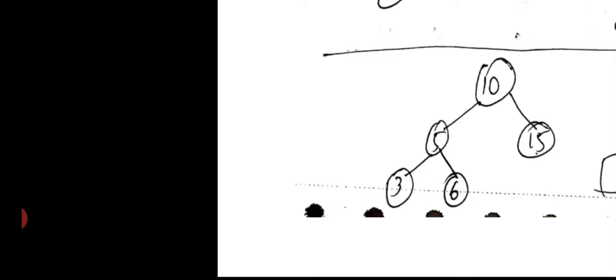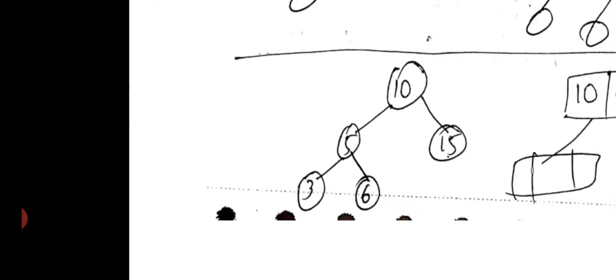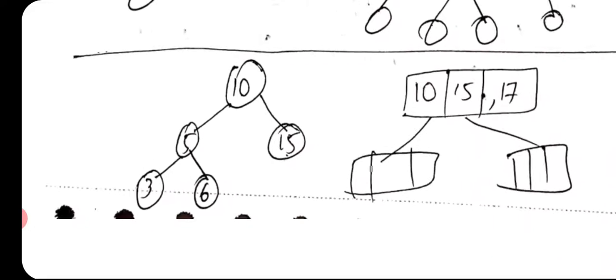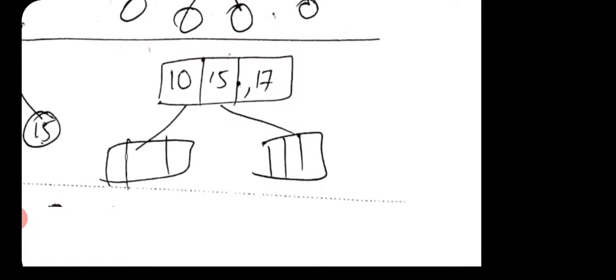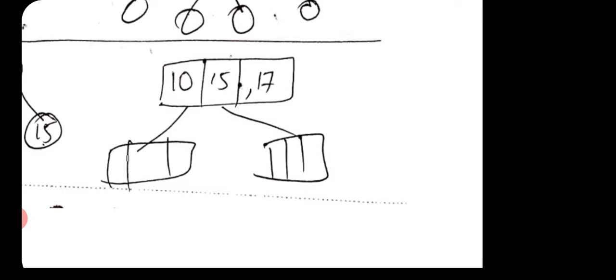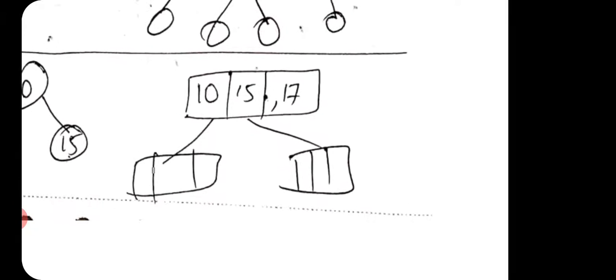For example, one key element, that is, in the first node it contains 10. So in the second it may contain 15, 5, 3, 6, like this. But whereas in B tree it may contain more than one key element. So see the difference. In this figure you are observing that it contains 10, 15 and 17 in a single node, that is more than one key element.